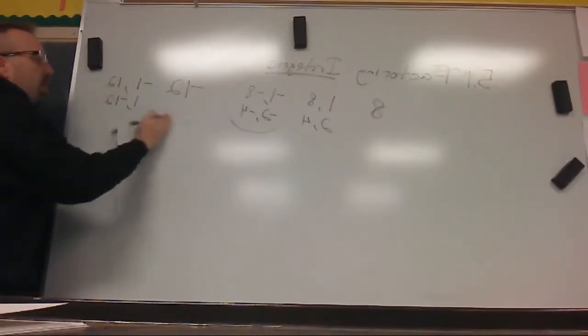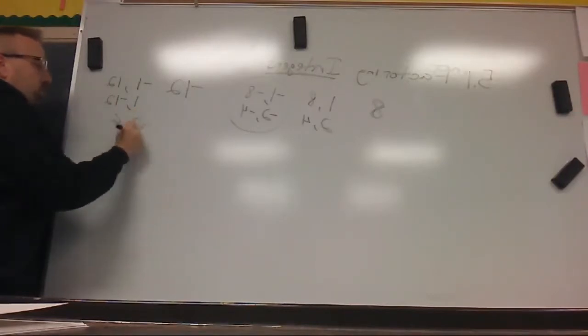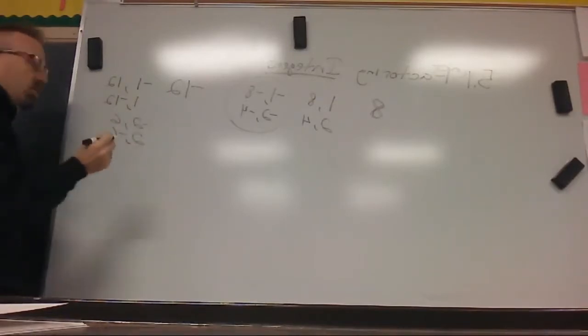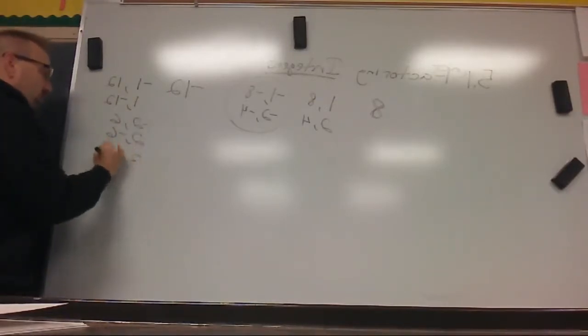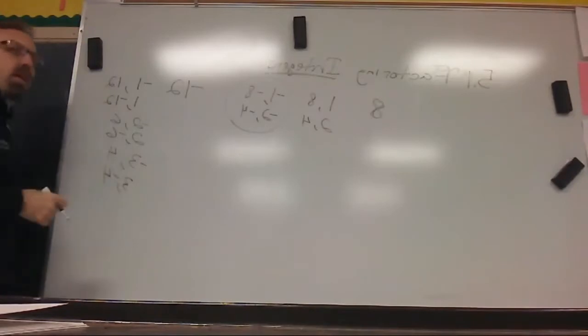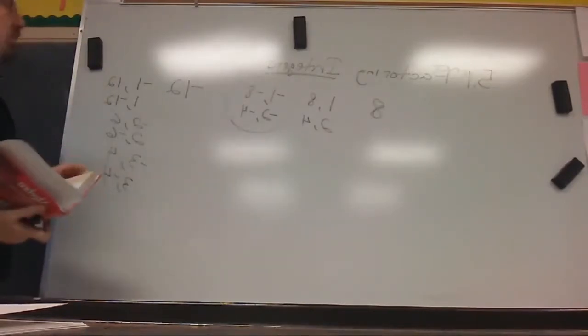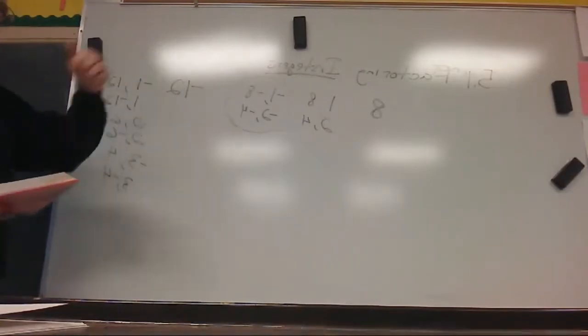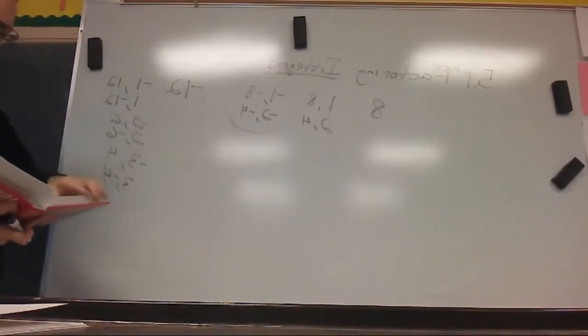Give me another pair. 2 and 6. So we could have -2, +6, or +2, -6. And then we could also have 3 and 4. So -3, +4, or +3, -4. So we've listed out every single pair. This part for today, it's going to seem simple, but it's crucial for where we're going in the next few days. So we do need to understand how to do that.